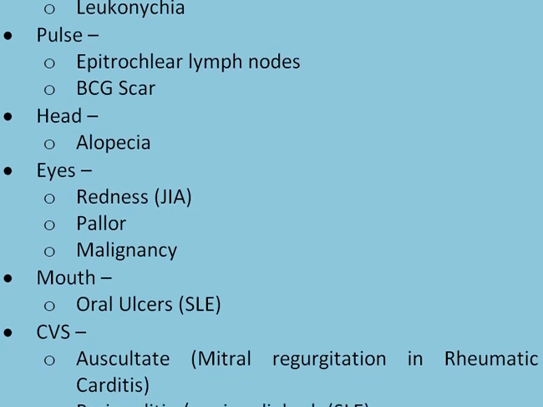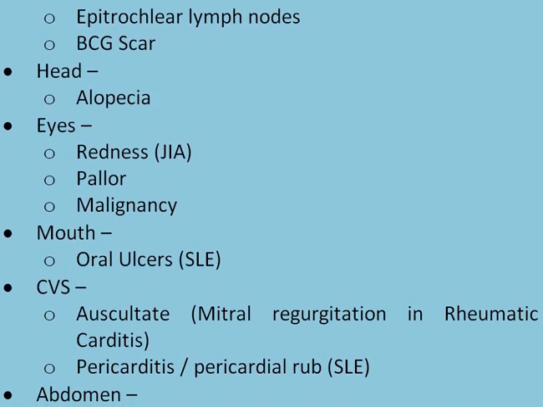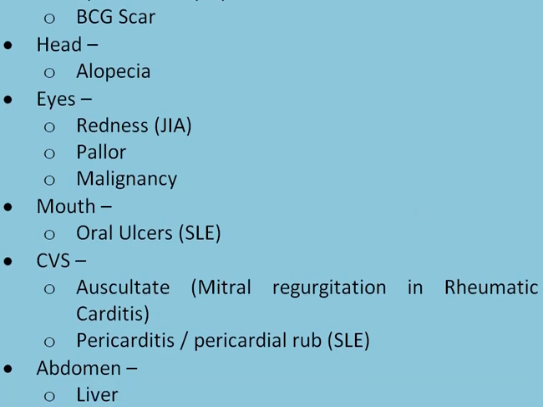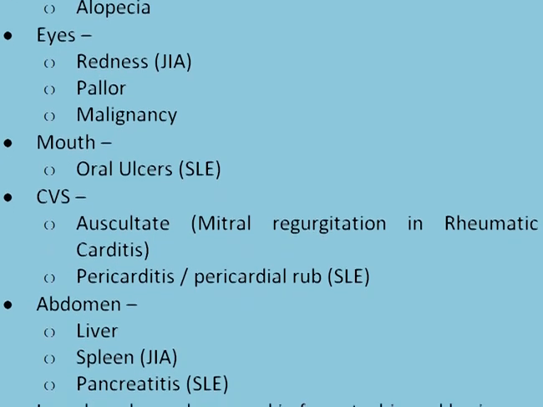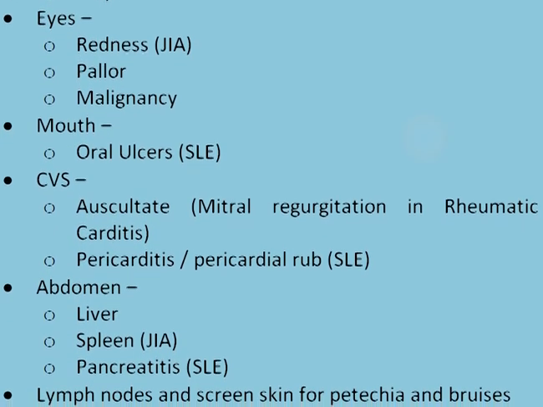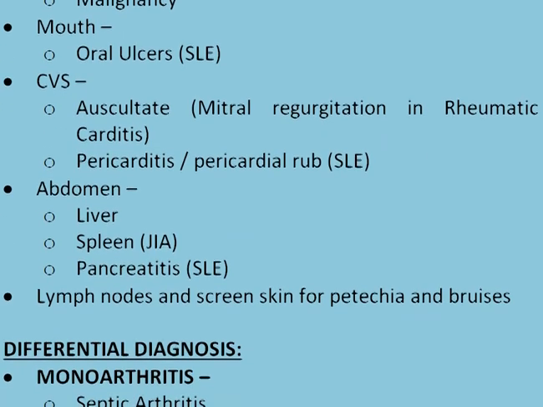In CVS, auscultate for mitral regurgitation in rheumatic carditis, pericarditis or pericardial rub, which is a sign of SLE. In abdomen, check for liver, spleen, which can be a sign of JIA, pancreatitis in SLE. Then lymph nodes and skin for petechiae and bruises.